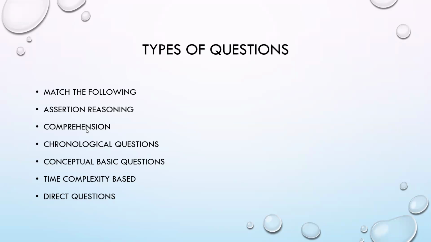Okay, so match the following. They asked many questions this time, and assertion also, and for two units they have taken comprehension as the last one. We have to work this out, because five questions are taken as one set, so it is 10 questions, and 20 marks in total. So we have to really focus on that.